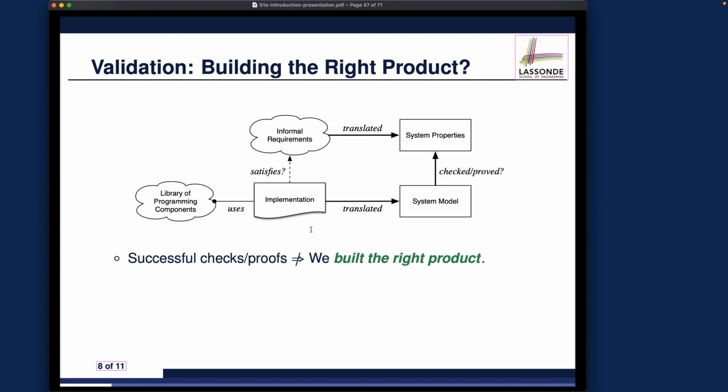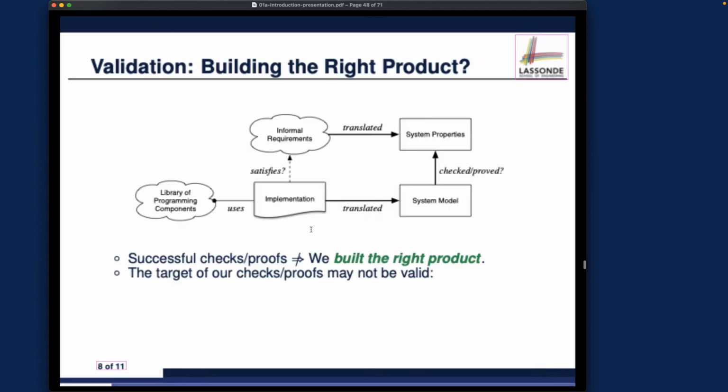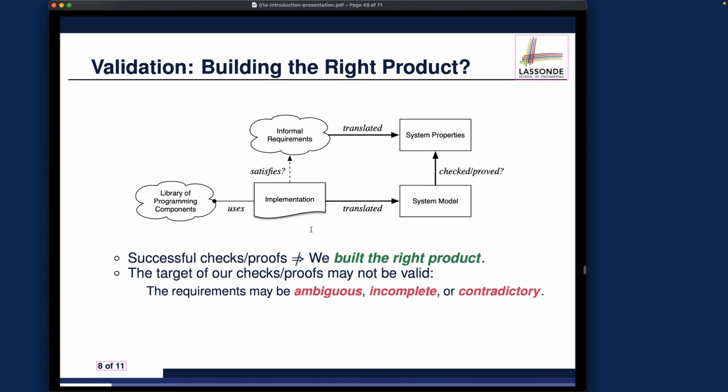So now the question is, how can we resolve this? Because requirements can inherently be ambiguous, incomplete, and contradictory, since they are usually written in natural language, they can be easily misunderstood.